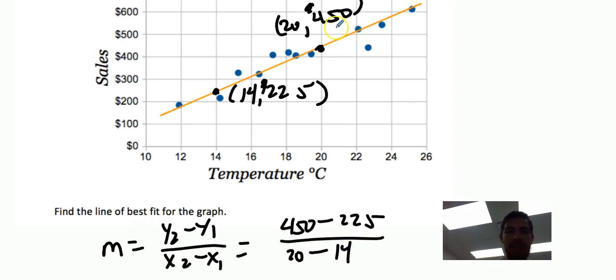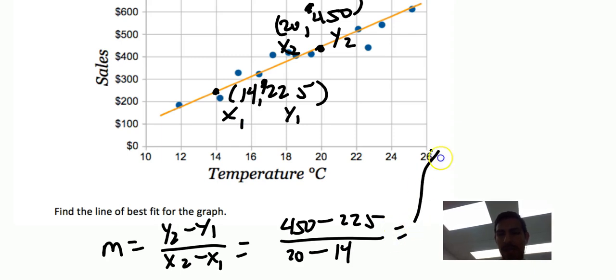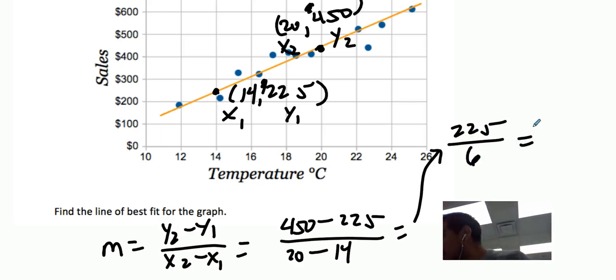And if you're not sure how, I let this one be y2 and x2, and I let this one be y1 and x1. And when I do that math, I end up getting 450 minus 225, I think is 225. And 20 minus 14 is 6. And 225 over 6 is going to be 37.5.